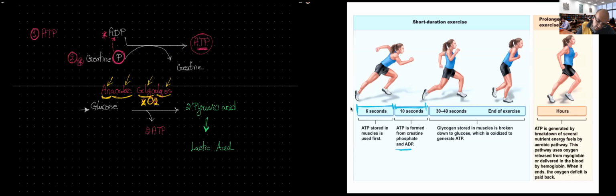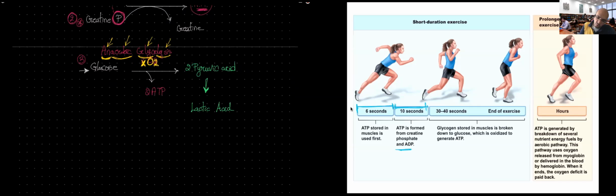What is the problem with anaerobic glycolysis? Actually, you've got two problems. You've got lactic acid that is getting formed, and you have a very limited number of ATPs produced from this reaction. So you've got 2 ATP from each glucose.